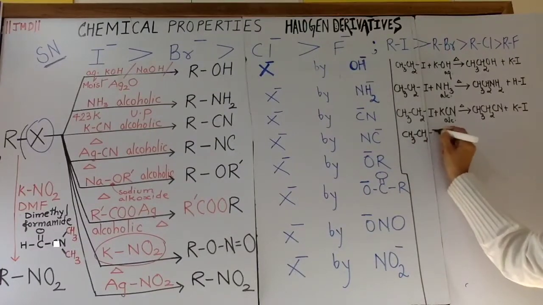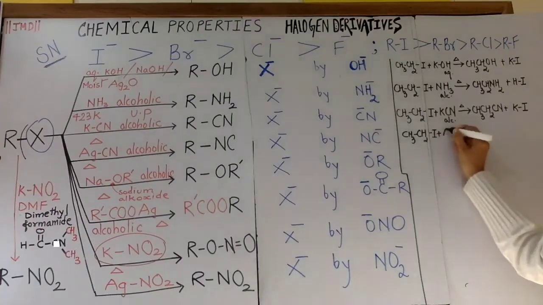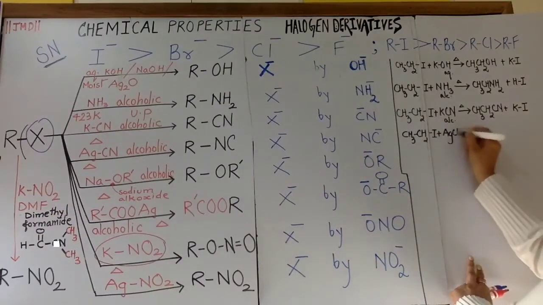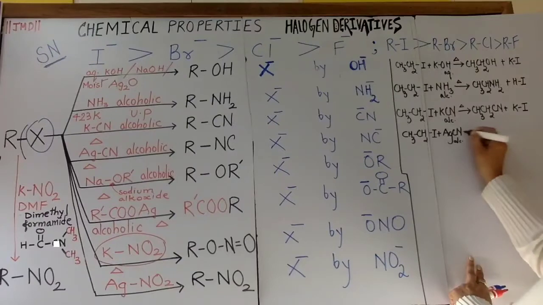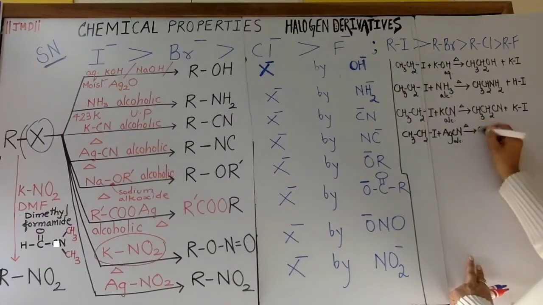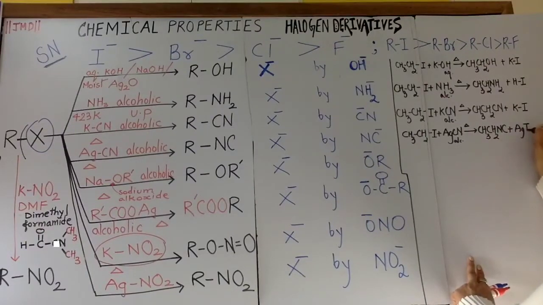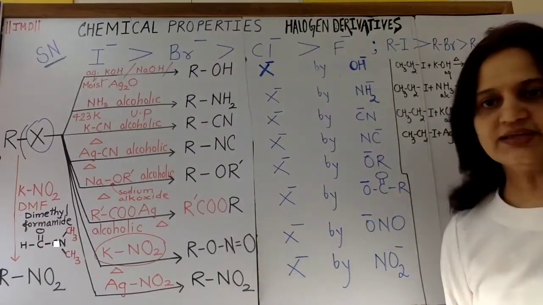Similarly, I come to this category. Ethyl iodide treated with AgCN, alcoholic, heat, I get ethyl isocyanide and AgI, heavy metal settles. Right?